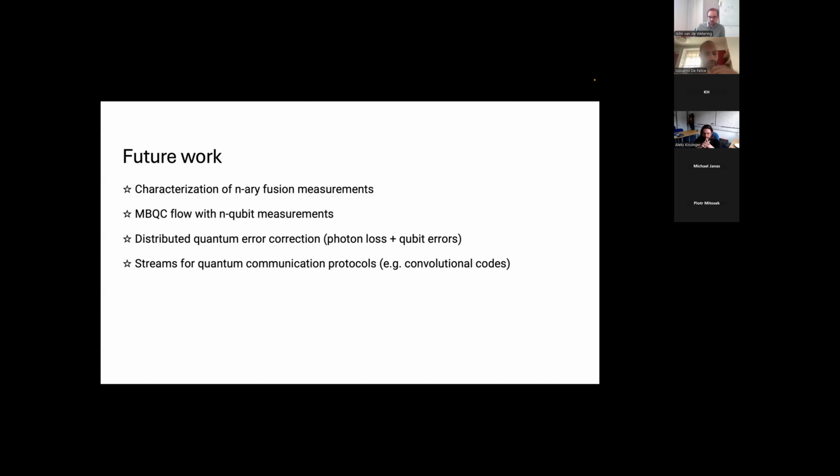So we want to see how errors on the two sides can be corrected. And this last point is about what I was talking about, how to use streams to study communication protocols or error correction protocols. I think there are a lot of different ideas that one could have, but I mentioned convolutional codes as an interesting application.